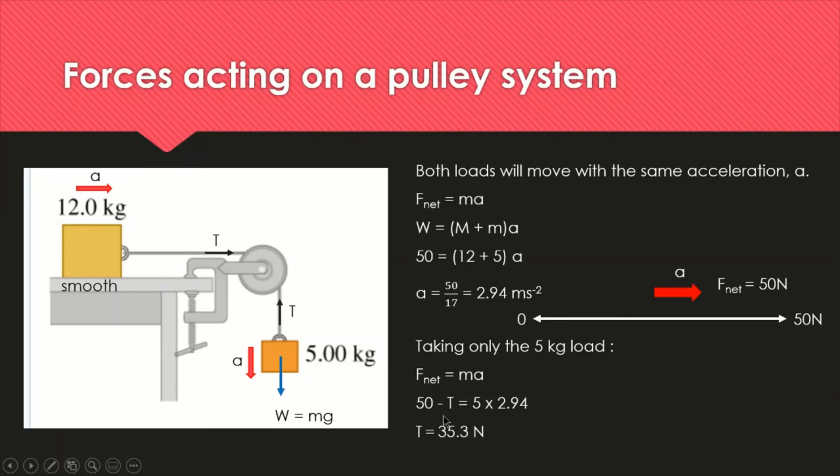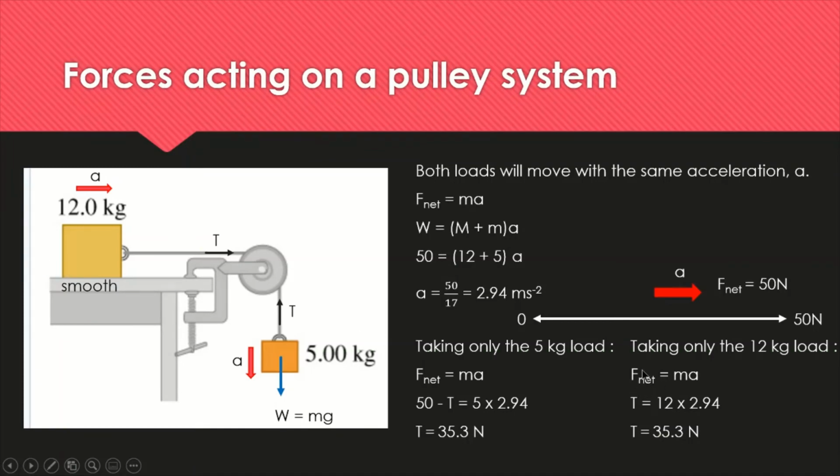You can calculate the tension by looking at the other system too. So you do it the same way, by looking at the 12 kg system only. This 12 kg system is moving to the right, isn't it? So the net force is to the right, which is the same direction as the tension, and the table is smooth, so there is no force acting backwards to the left.